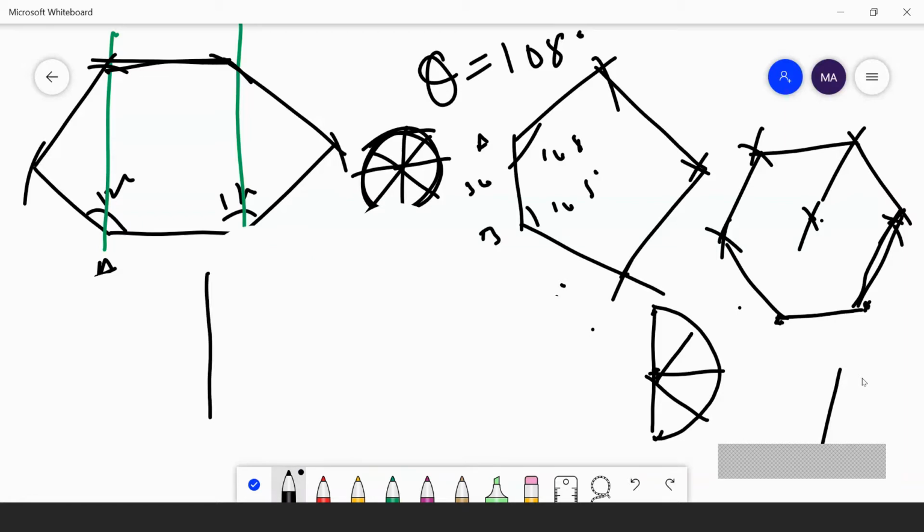I am considering one line like this. From here I will mark one line at 30 degrees, and from here at 60 degrees. This one will be the set square. These are the basic polygons we'll use in the plane.